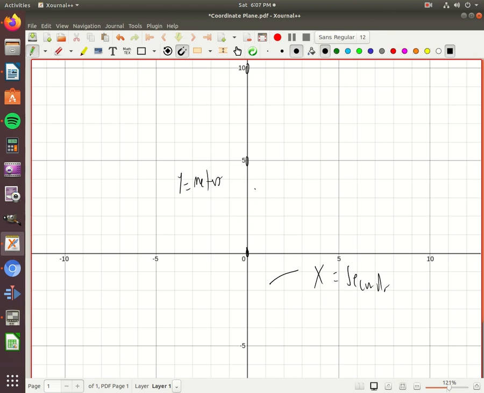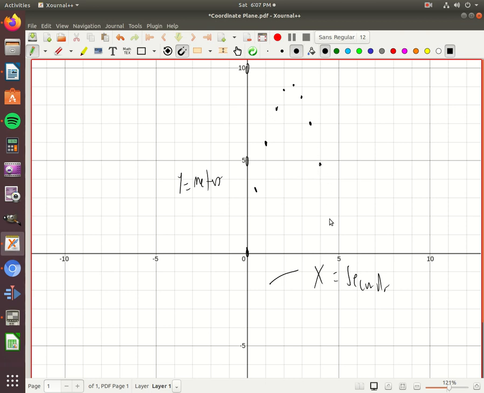Half a second was 34.2. 1 second was 60 meters. 1.5 seconds was 78. 78's right there. 2 seconds was 88.4, so just below 90. 2.5 was at 90.5. 3 was at 84. 3.5 was at 70. 4 was at 48.